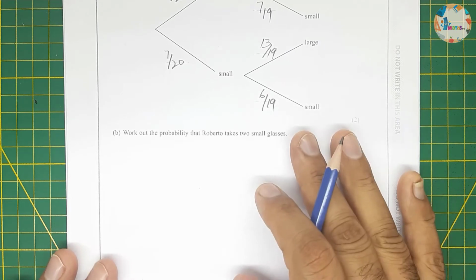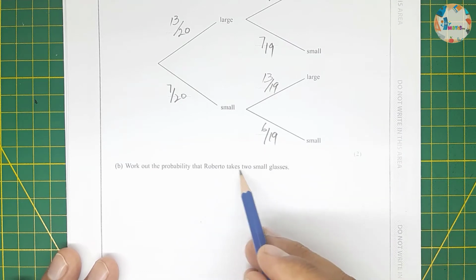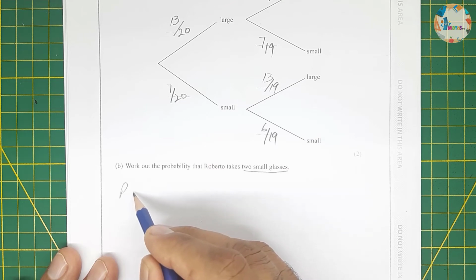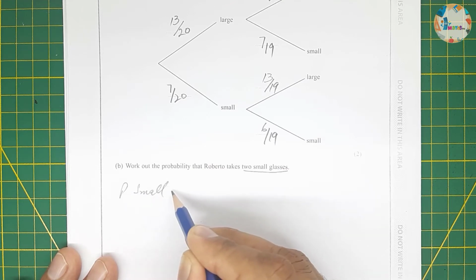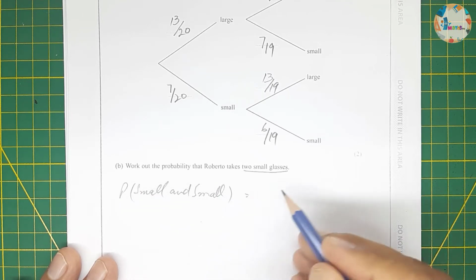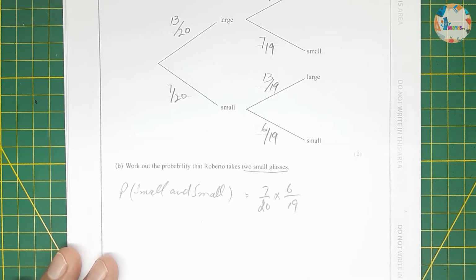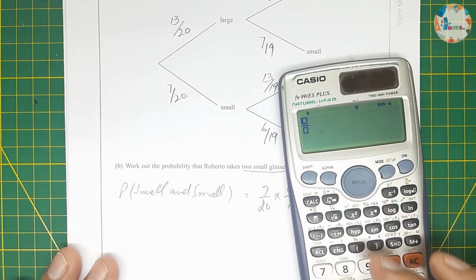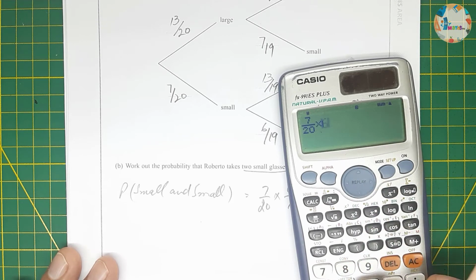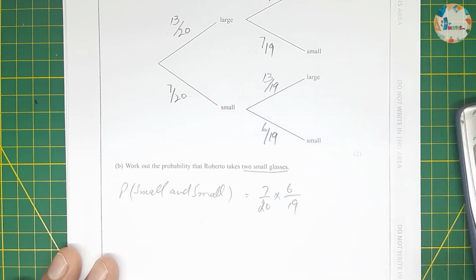And then after this tree diagram we have a B part, work out the probability that Roberto takes 2 small glasses. So small and small is this one, so probability of small and small will be equal to 7/20 times 6/19, and this one we can check. 7 divided by 20 times 6 divided by 19, and this will give us 21/190.